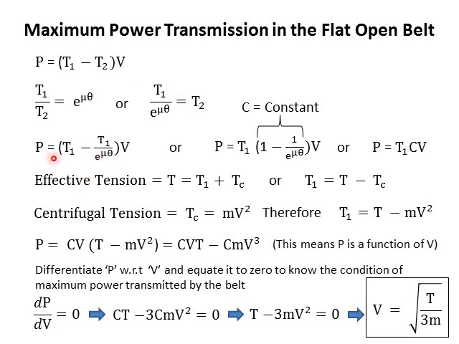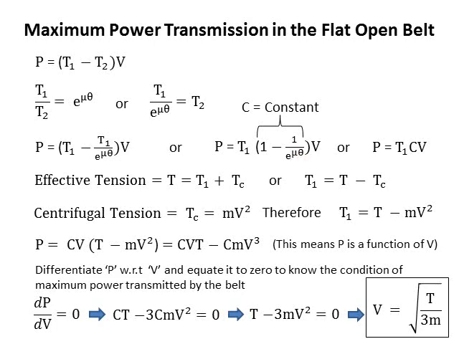So just put this T2 value in the equation. What we get is P is equal to T1 minus T1 divided by e raised to the power mu theta, bracket close, into v. Or if we take T1 common, then what is left inside the bracket is 1 minus 1 by e raised to the power mu theta. The coefficient of friction is constant.